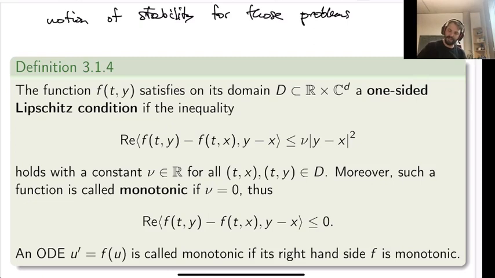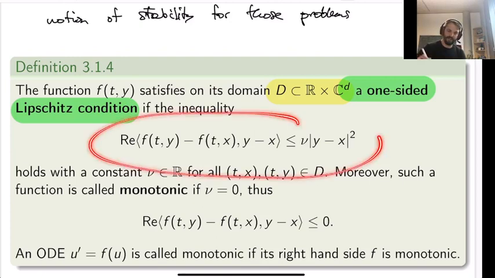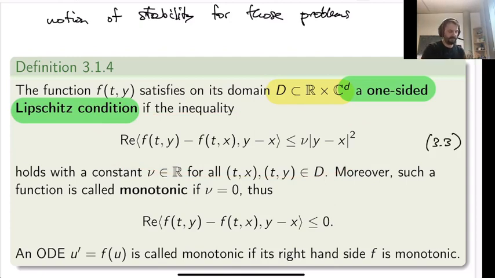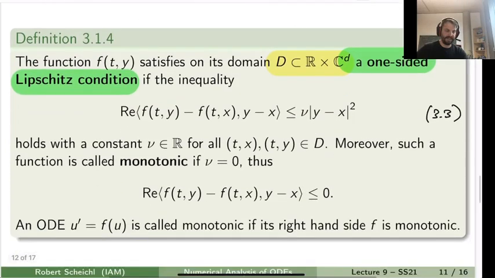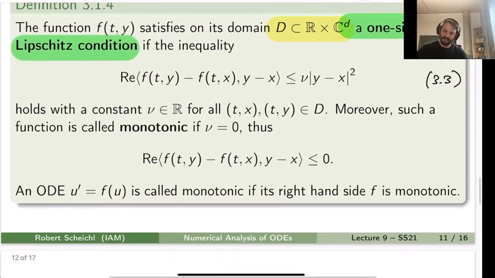So in particular, instead of the Lipschitz condition we had before, we now define on again some domain D subset R cross C^d, a one-sided Lipschitz condition. And this one-sided Lipschitz condition is here. It's got number 3.3. Let me just see if I didn't forget any numbers before. 3.2 and 3.1. Yeah, we've got them both. So the one-sided Lipschitz condition is given here.